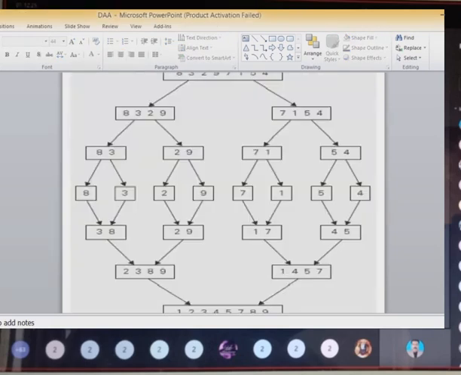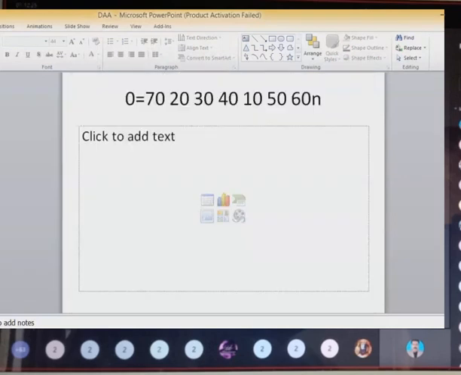Any doubts in merge sort? Any doubts? Why are you all silent?